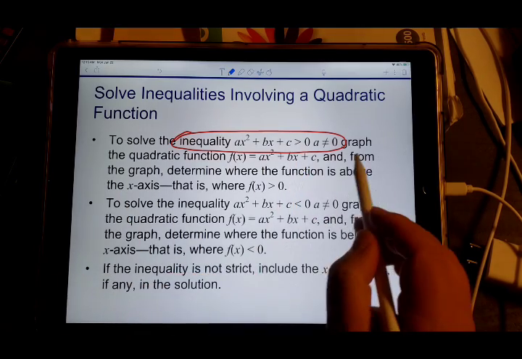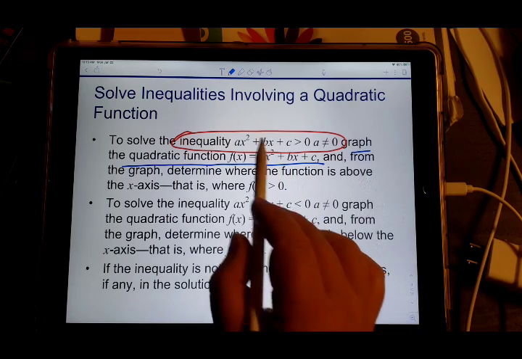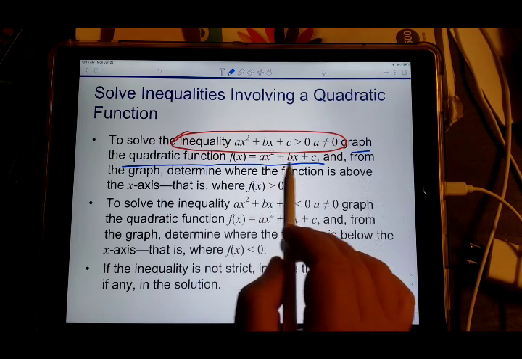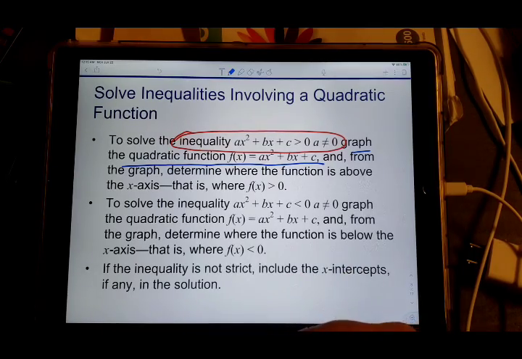One option is to graph the quadratic function that has the same a, b, and c, and then observe which quadrants it's in.